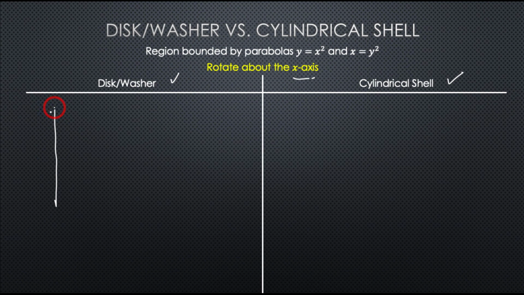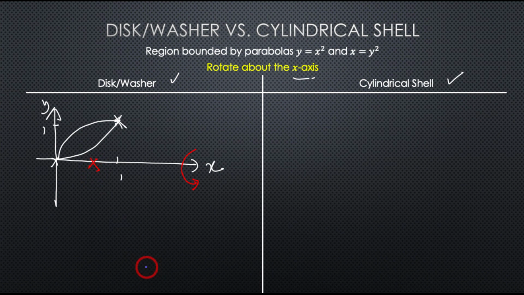This is your y-axis. This is your x-axis. You have (1, 1). You have one function, another function. One is y equals x squared, the other one is x equals y squared. For the washer, what you need to do is draw a circle. It rotates about the x-axis, so the center is the x-axis.